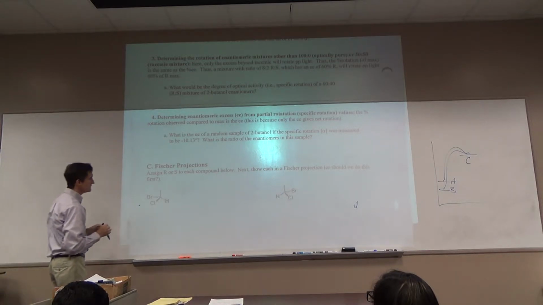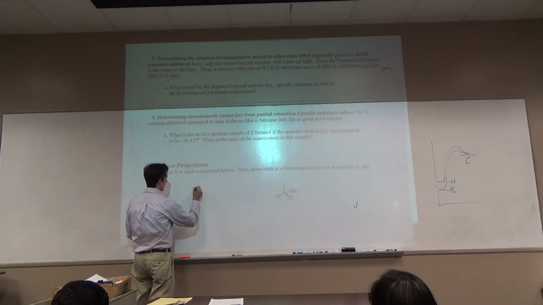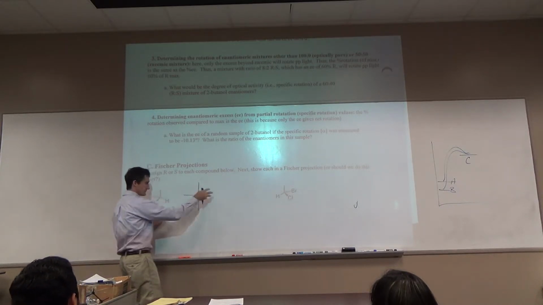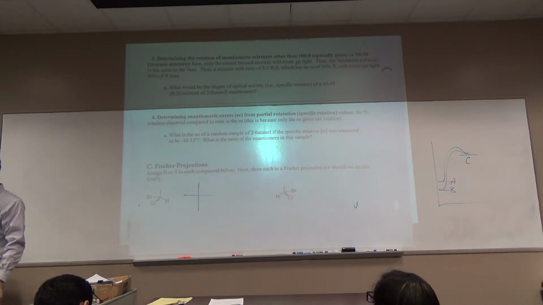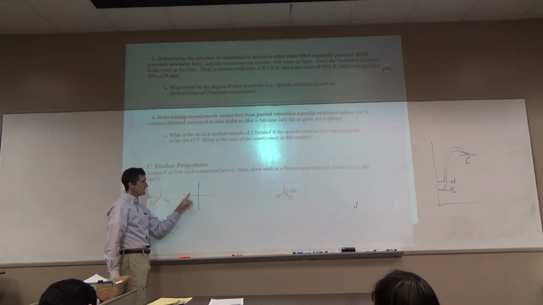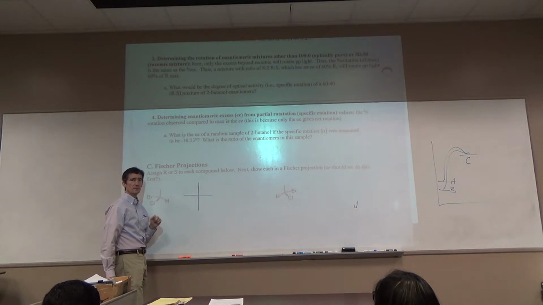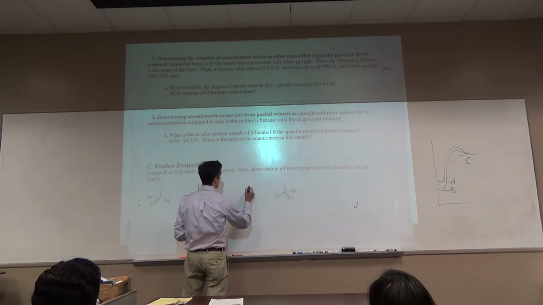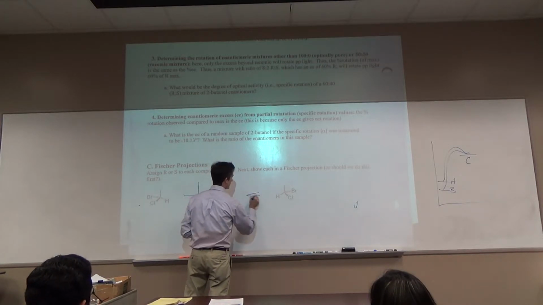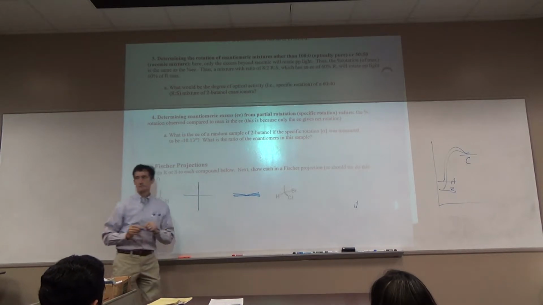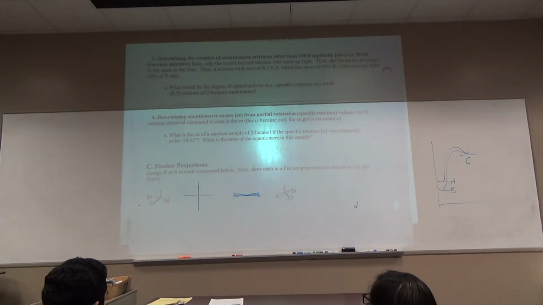A Fischer projection, we use crosshairs. It's supposed to be just a crosshair. There you go. You've got a carbon with 4 substituents. But when you see a crosshair, it's supposed to mean something. The things on the side are coming out, like cat whiskers, or like a bow tie.